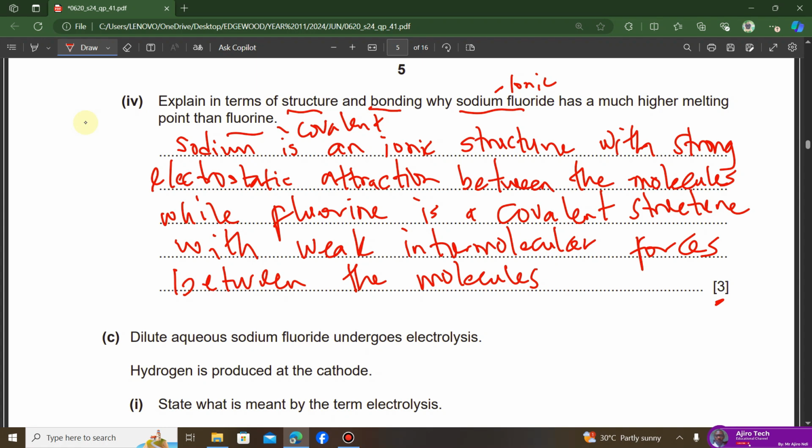So this is a perfect description of explaining in terms of structure and bonding why the sodium fluoride has a higher melting point than fluorine. All right, so that's for that.